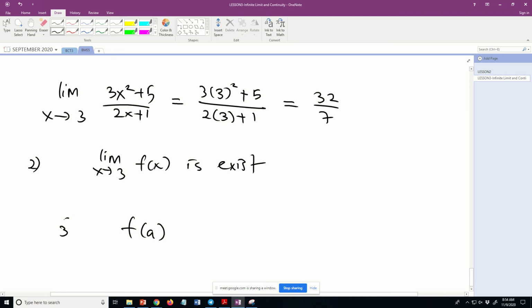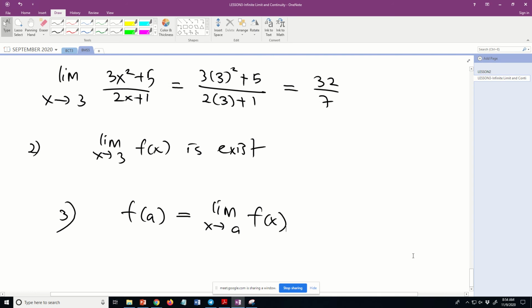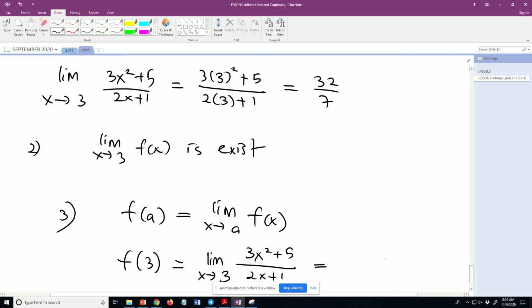Condition number 3 is f(a) equals the limit as x approaches a of f(x). Right? So what is my answer now? What should I write here? So f(3) equals the limit as x approaches 3 of the function (3x squared plus 5) over (2x plus 1), equals what? Or I can put 32/7, because the fraction is the most accurate answer.